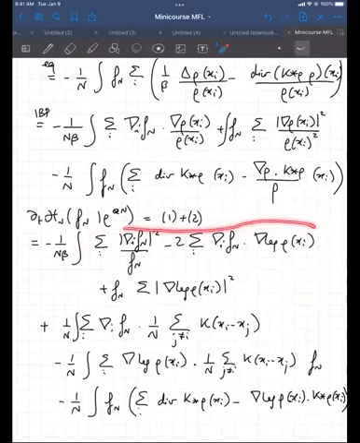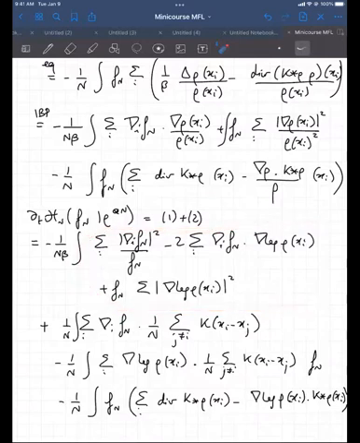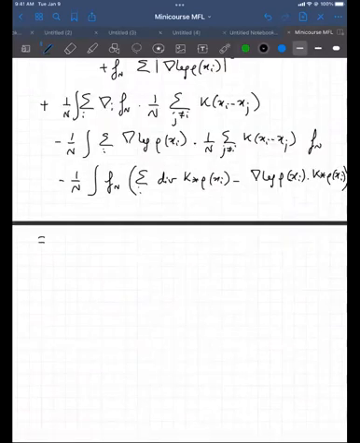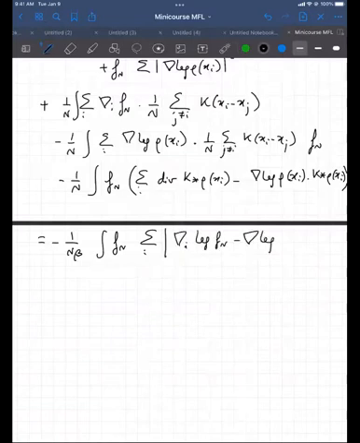If I'm not mistaken, I'm going to be able to rewrite this first sum of 2 terms as integral of fn sum over i, and here I have gradient log fn minus gradient log rho of xi squared.